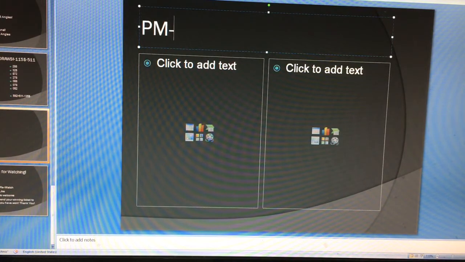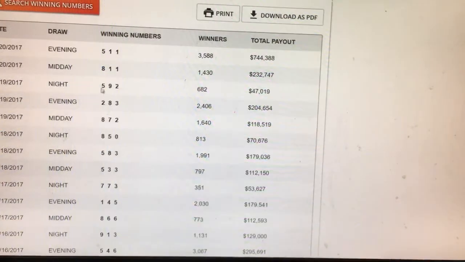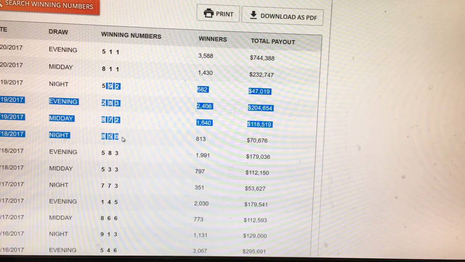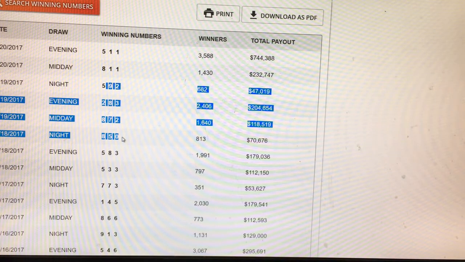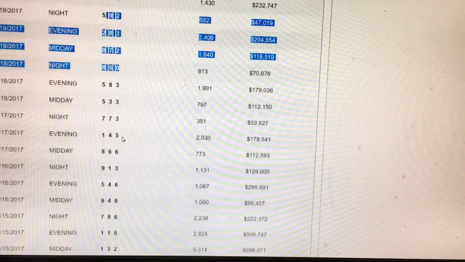But I'm gonna do another draw for you, and let's look at the next double number. I'm going to try to pick one that's very tempting.